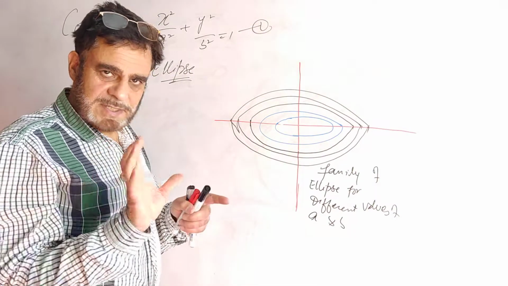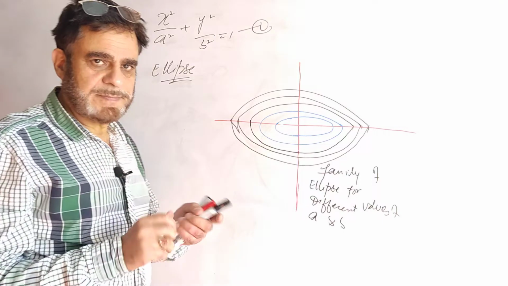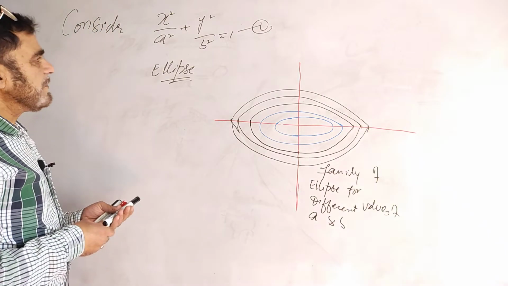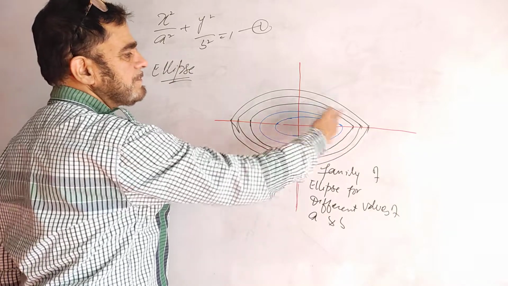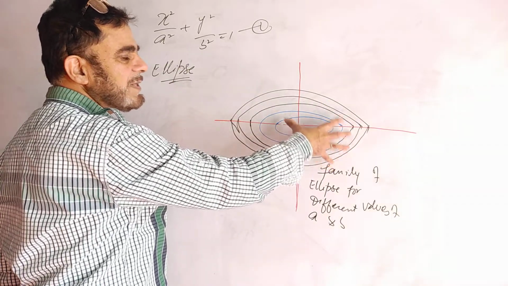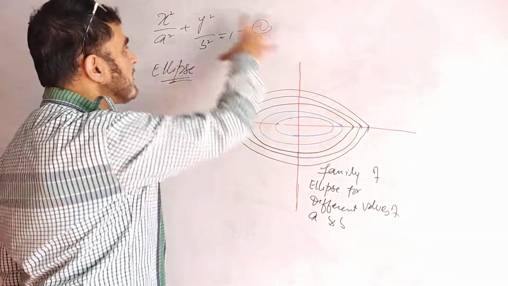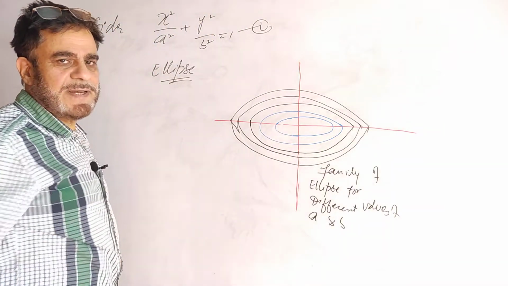So its shape is just like an oval, egg shape. For different values of a and b, it will take different shapes, and all will represent the members of the family given by this.